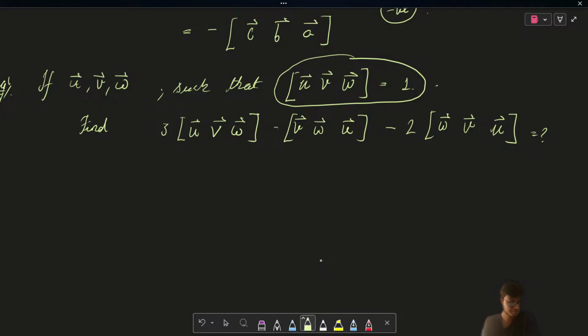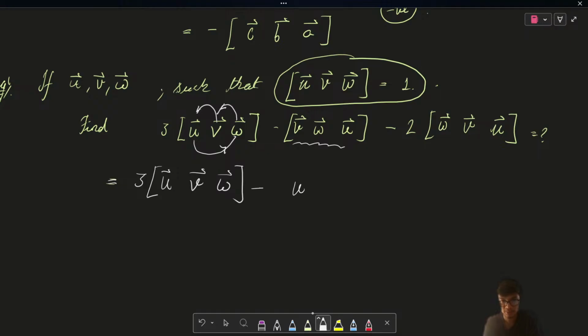Alright, so this particular expression can be given as 3 times the box product of u, v, w, which is 1. Now, this next expression is obtained by taking an even number of interchanges. So this comes over here, this comes over here, and this goes over here. So this is also similar to the box product of u, v, w, because it's an even number of interchanges.